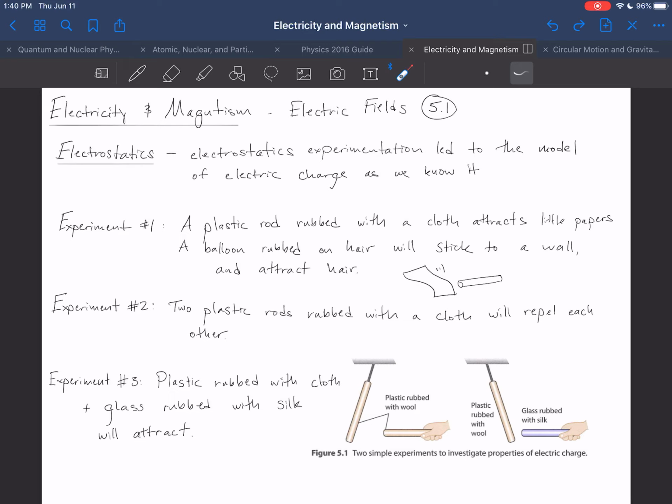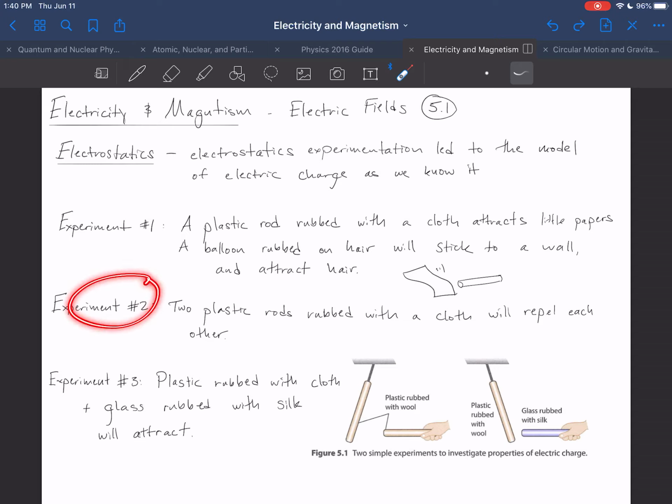Similarly, in the same vein, a balloon rubbed on hair. You take a new balloon, blow it up, tie it off, and rub it vigorously on your hair. It will stick to a wall or attract hair that is brought near it.